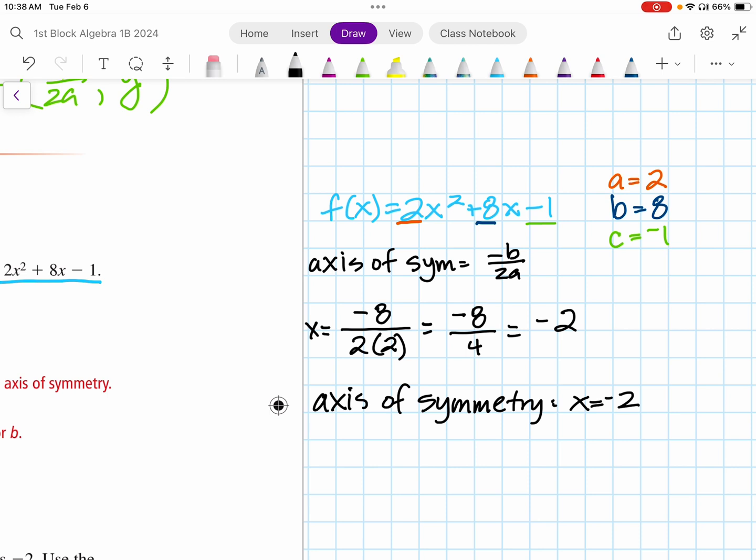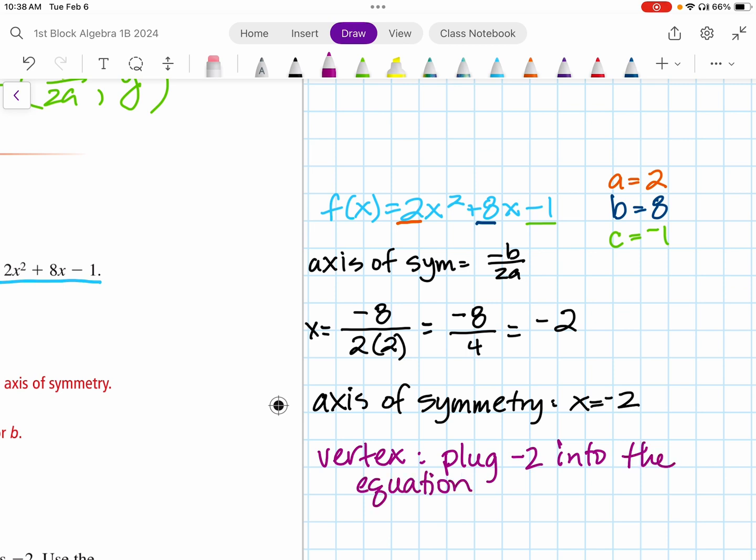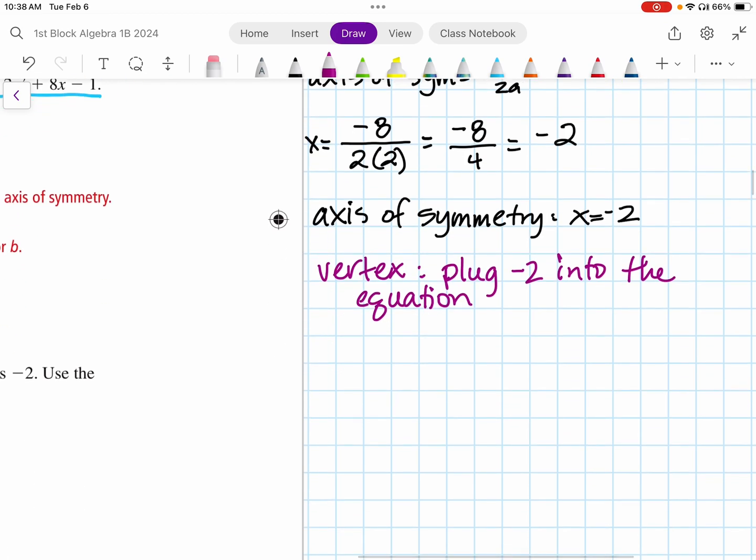Now to find the rest of the vertex, remember this negative 2 is the x part of our vertex. To find the rest of it, we are going to plug negative 2 into the equation and see what y is, or f of x, because they're the same.